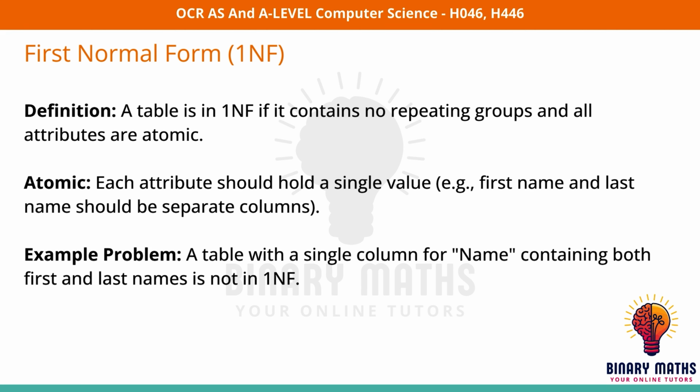Instead, we should split it into 2 columns, first name and last name. This makes it easier to sort and search the data. Let's look at an example to see if a table is in first normal form.